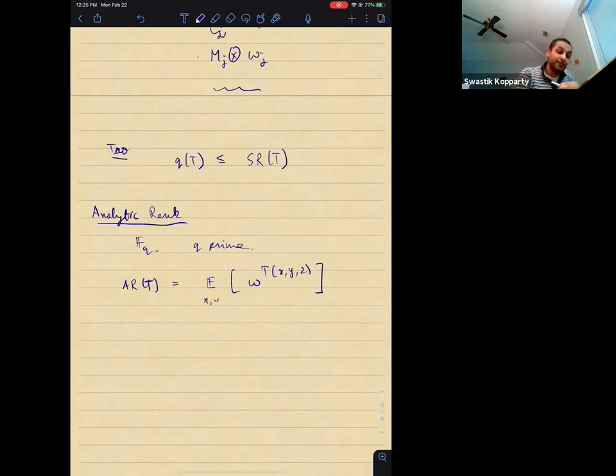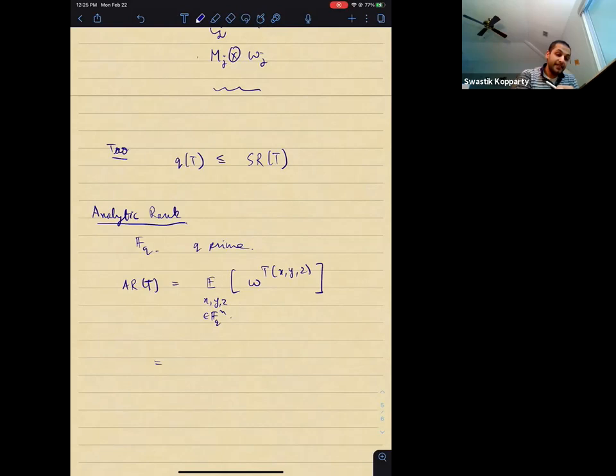This is over all x, y, z in F_q^n. We view T as a trilinear form, taking x, y, z as input. Take uniformly random x, y, z in F_q^n, and take omega to the power of that. This measures the bias, or the deviation from the uniform distribution, of the output of T of x, y, z under uniform x, y, and z. That's what analytic rank is.